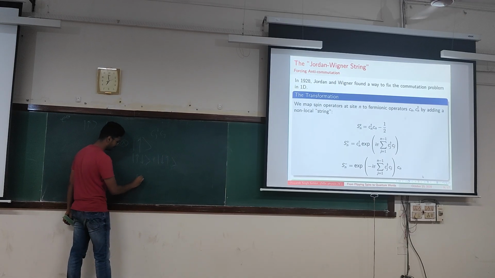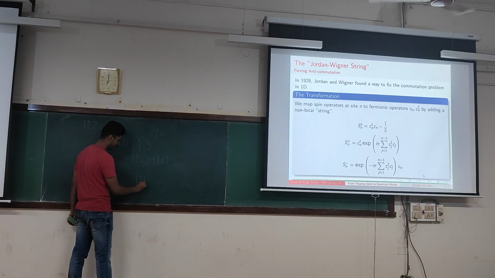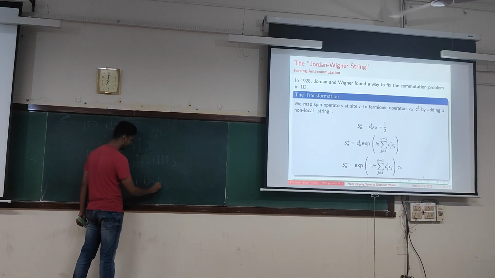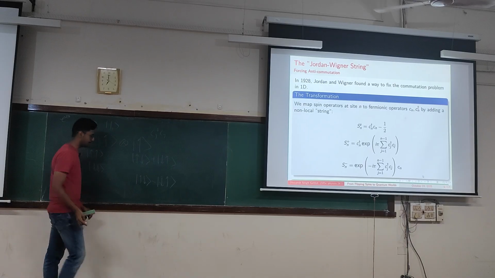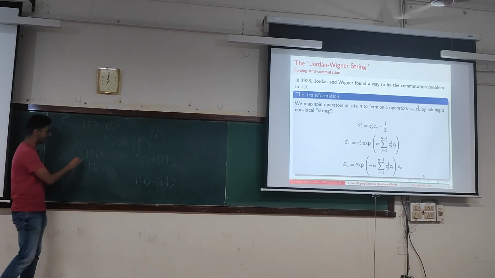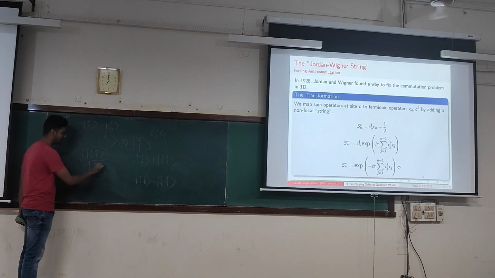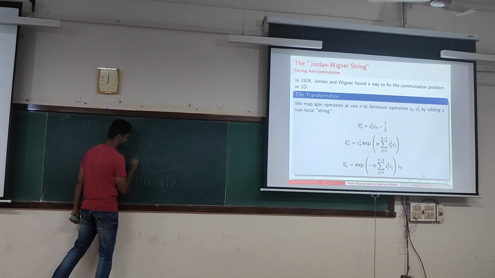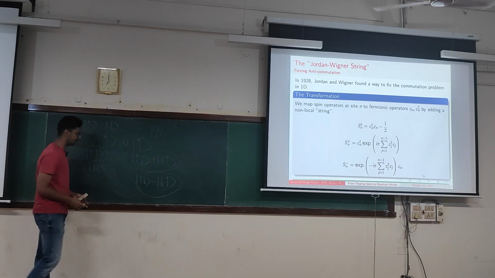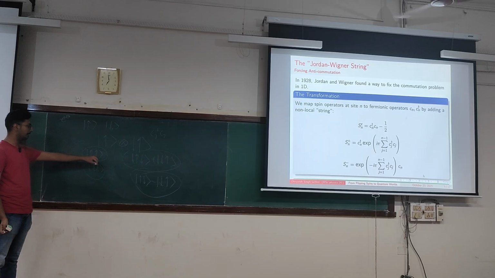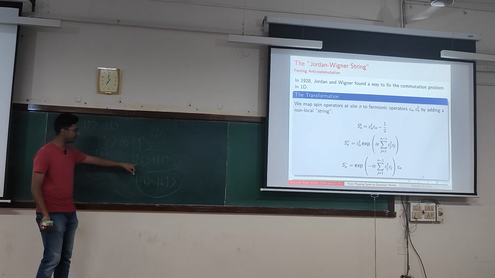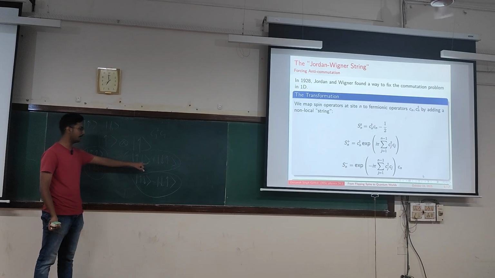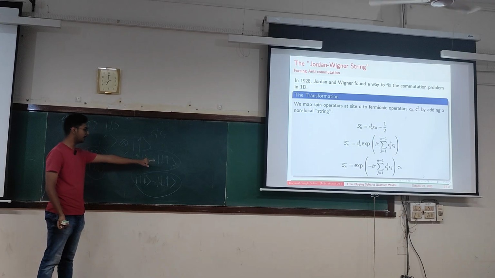Another way is spin up, spin down minus spin down, spin up. So these are four possible ways to write the combined wave function of spin. In this, both spins are up, in this both spins are down. In these you see up and down, and down and up.